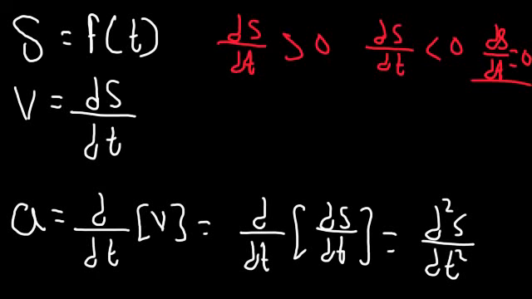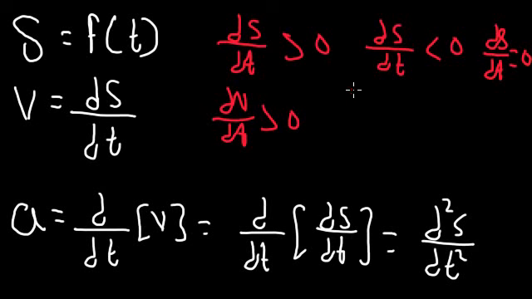Perfect. Now, if the velocity of the particle is increasing, then we say that dv by dt is greater than 0, which simply means that the particle is accelerating.